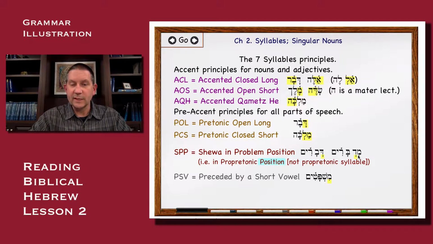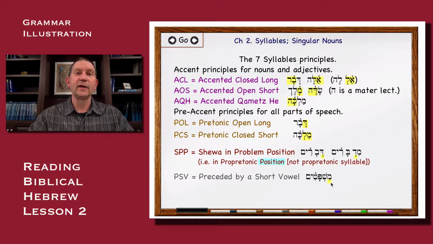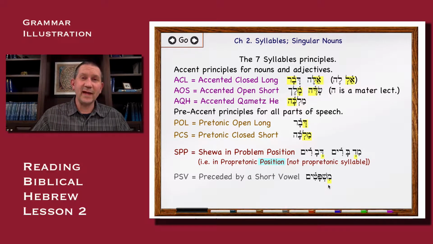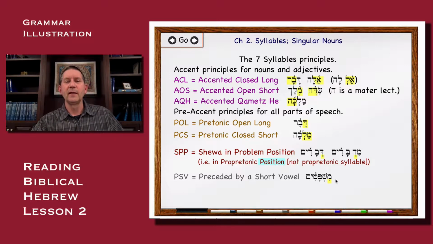So already we've seen the same thing that we see down here. If our word is long enough to have something in front of the shava in problem position, then it's going to be a short vowel. If it gets even longer than that, most of the time we're going to have shava, short vowel, shava, short vowel, shava, short vowel alternating, but you can't make Hebrew words too much bigger than this.